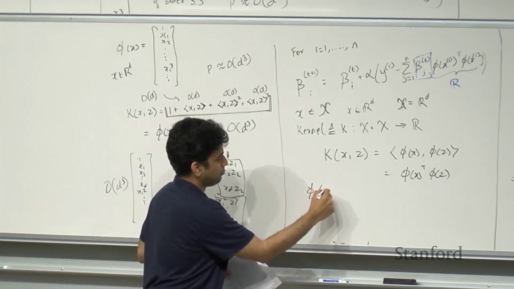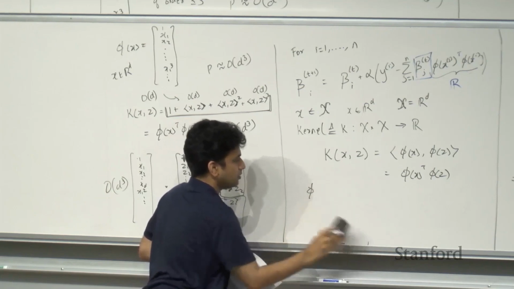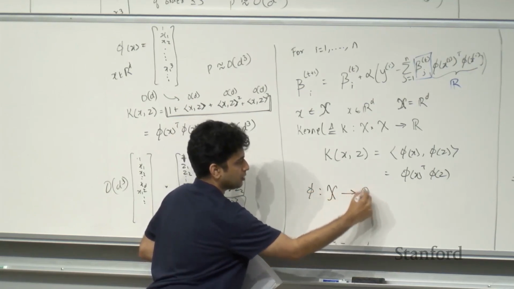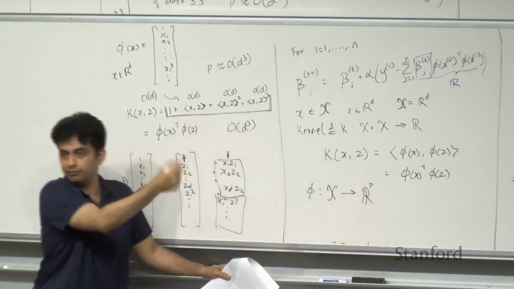The feature map maps script x to R^p, where p is potentially an infinite dimensional space.